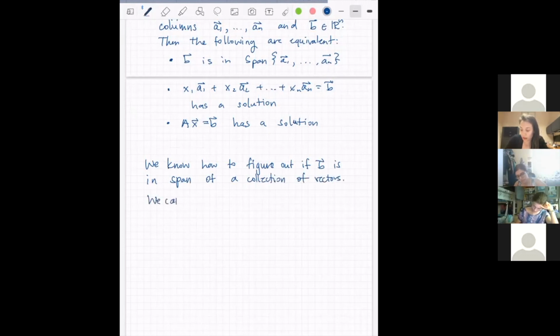We can also ask a different question: whether any vector B is in the span of A1 up to AN. So emphasis being on any, right? If I took any vector B, can I write it as a linear combination of A1 up to AN?